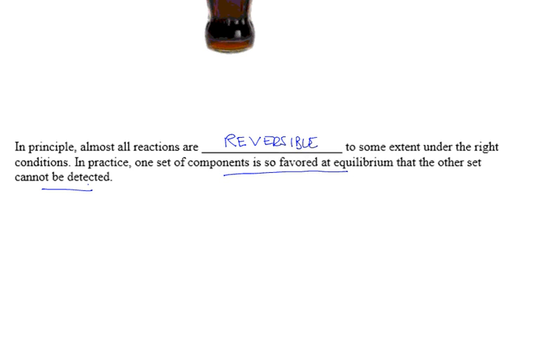So if you think about dynamite and dynamite exploding, there is a very, very, very, very theoretically small amount of product that in the reverse direction will go back and make the original dynamite.